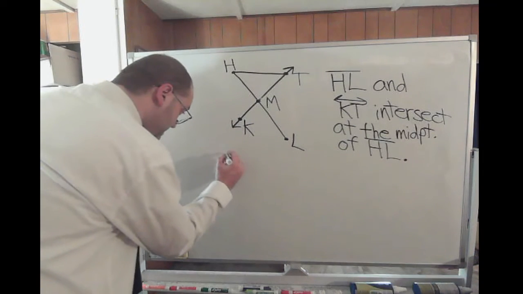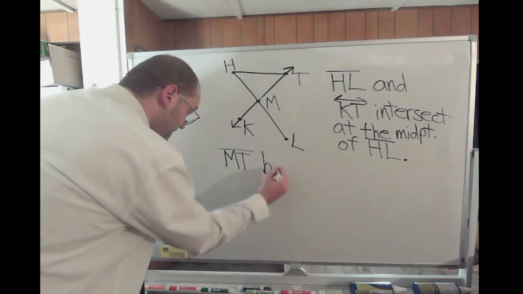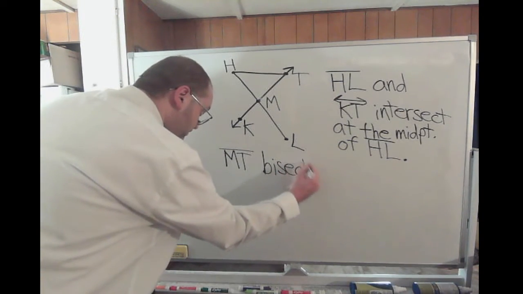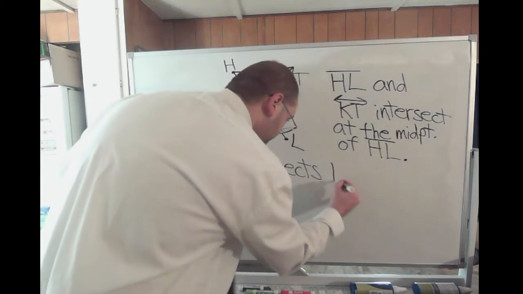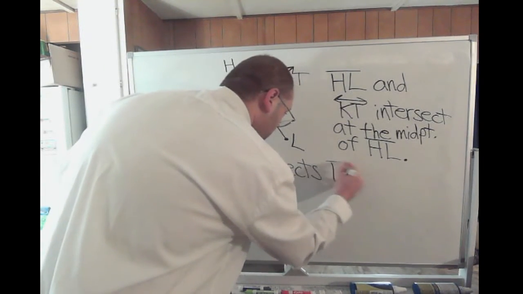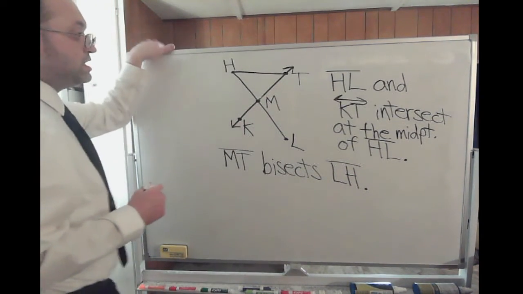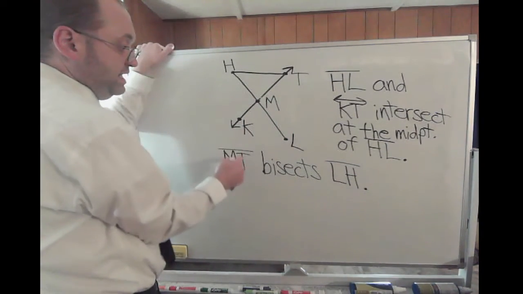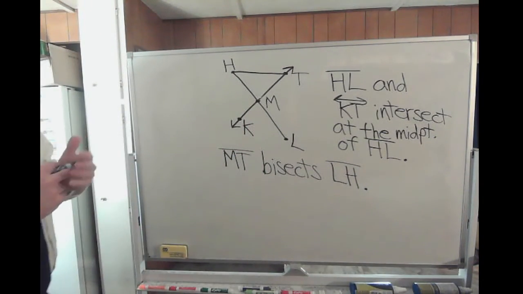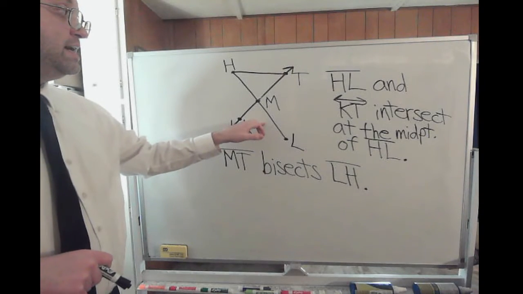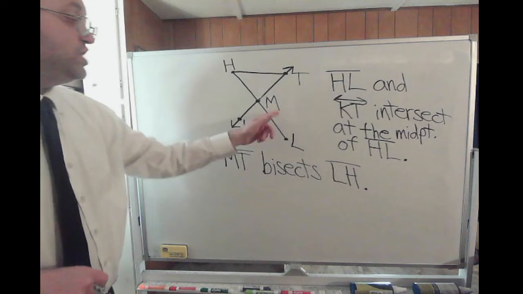Alright, how about this? Line segment MT bisects LH. Now we're given that line segment MT bisects segment LH. Again, the segment and the line intersect right at the midpoint of HL, right?